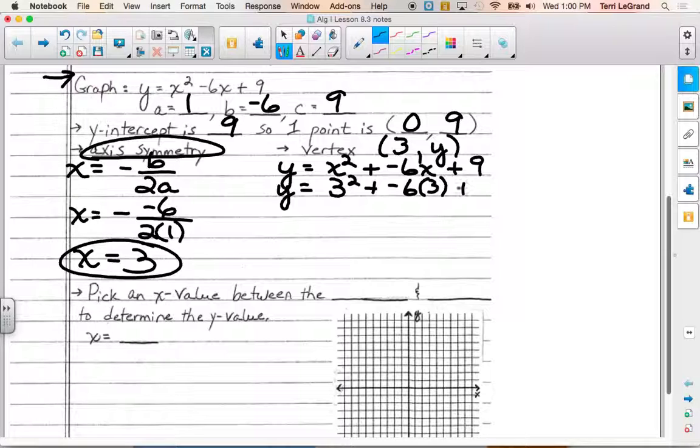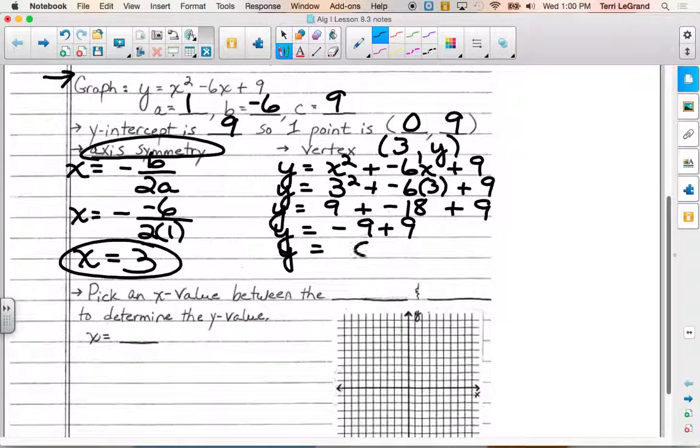So go ahead and get your y value. Anybody else get 0? So we just found one of the what? Zeros. Are there any more zeros?